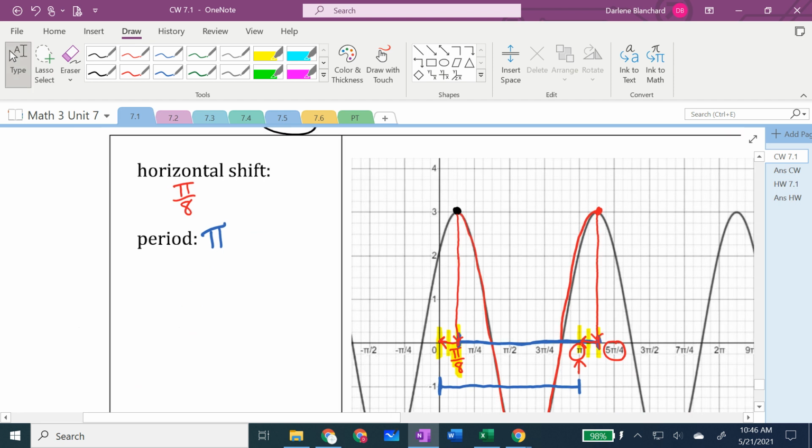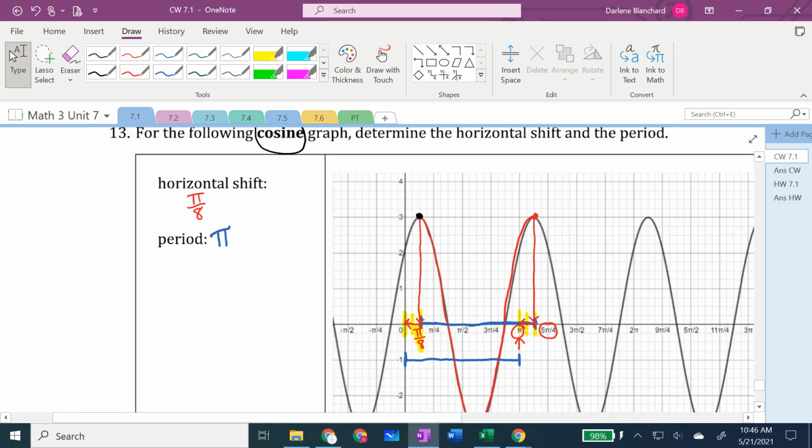Now, let's turn to this one. If I use a cosine function, everything about the horizontal shift in the period needs to occur inside that function where the x would be. But listen really carefully to how to set this up.